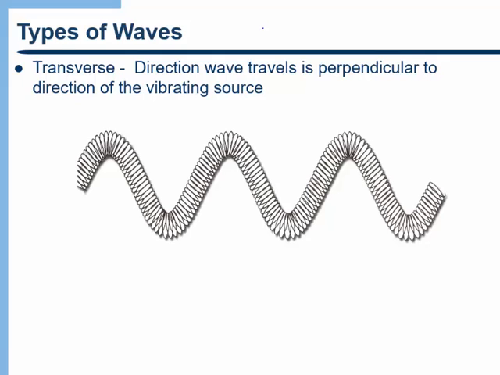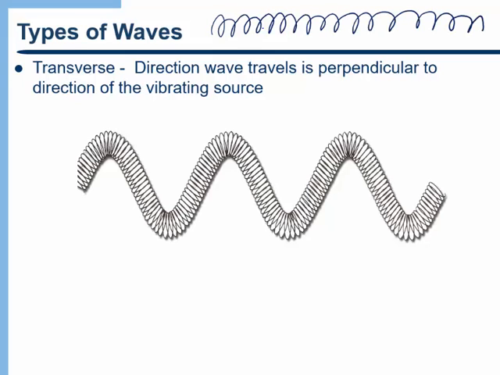Imagine that if we were in class together, I would take a long slinky and stretch it out across the classroom. And to demonstrate a transverse wave, what I would do is I would take my hand, so this is a top view of the slinky on the ground, and to create a transverse wave, I would shake my hand back and forth in this direction.